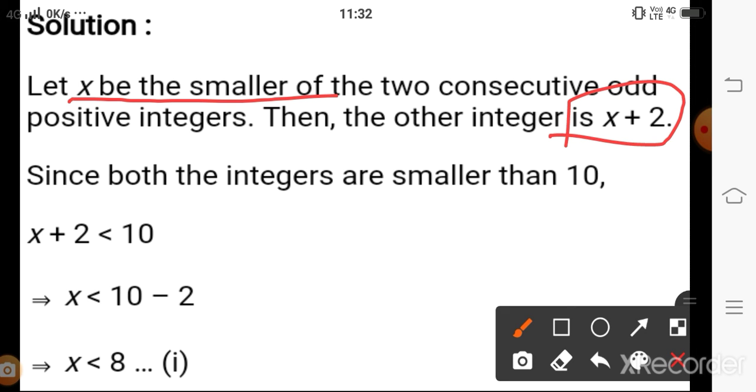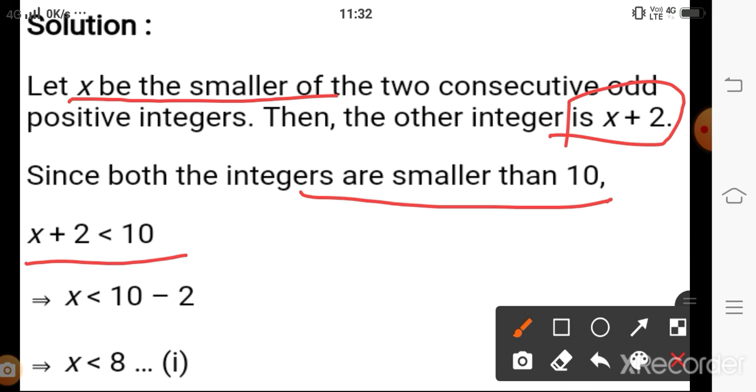The two consecutive numbers we are getting as x and x plus 2. According to the question, since both the integers are smaller than 10, if x plus 2 is less than 10, it means that x is also less than 10 because x is smaller than x plus 2. So we are taking this condition only.